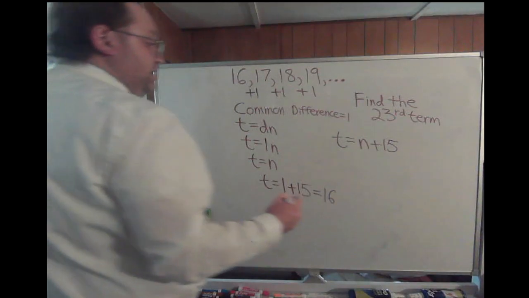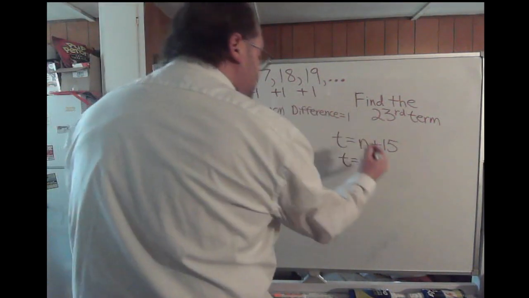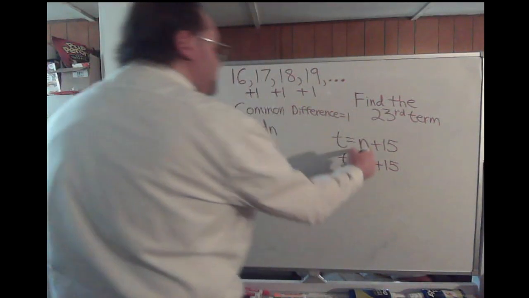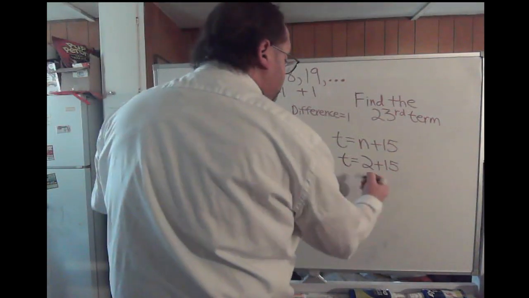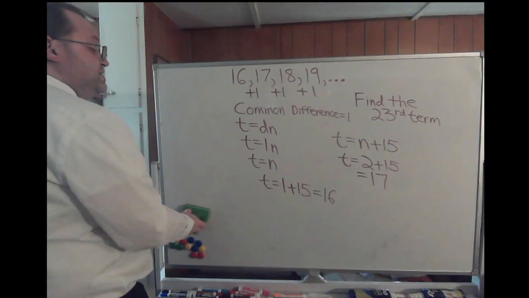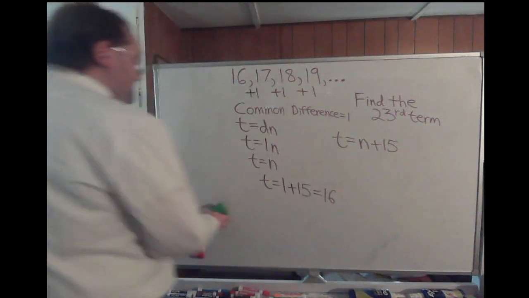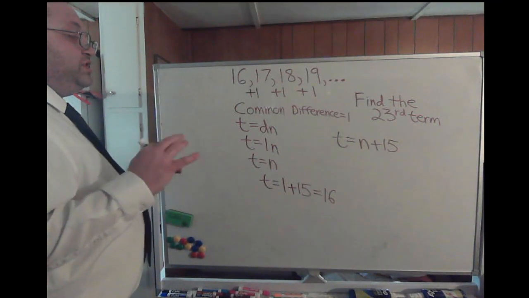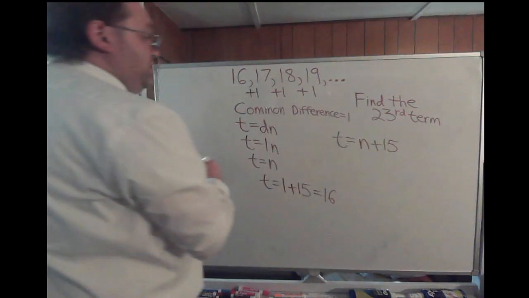Okay? Let's say we stick in the second term, plus 15, because n represents the number of the term you're on. The second term plus 15, which would equal 17. We do in fact get 17 for our second term, so we know that n plus 15 is a very sound piece to use to figure out what subsequent terms are.